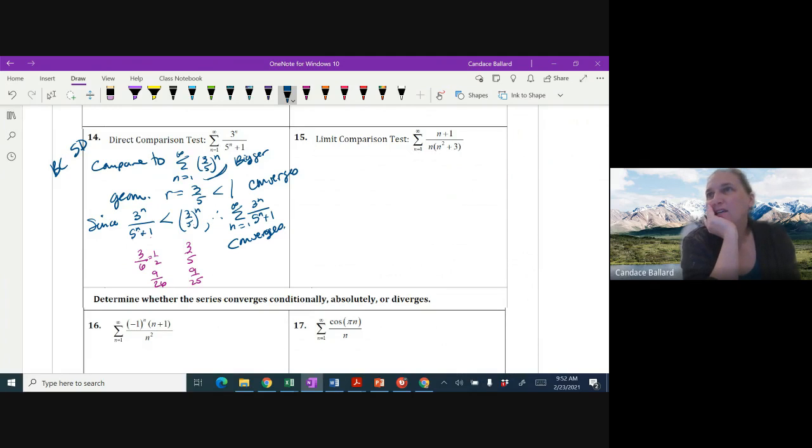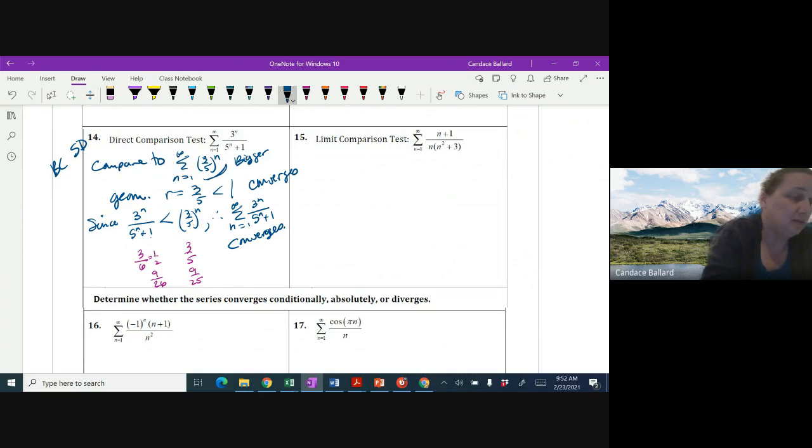Let's see if we can get the limit comparison test to work out today, okay? So, limit comparison, again, on this one. Hopefully this one works better than the first one.